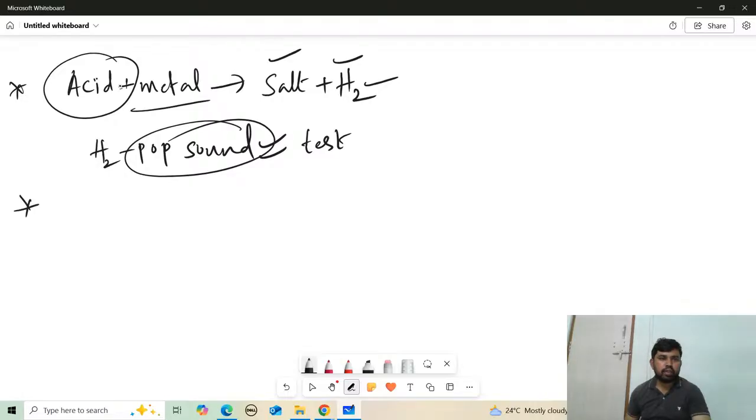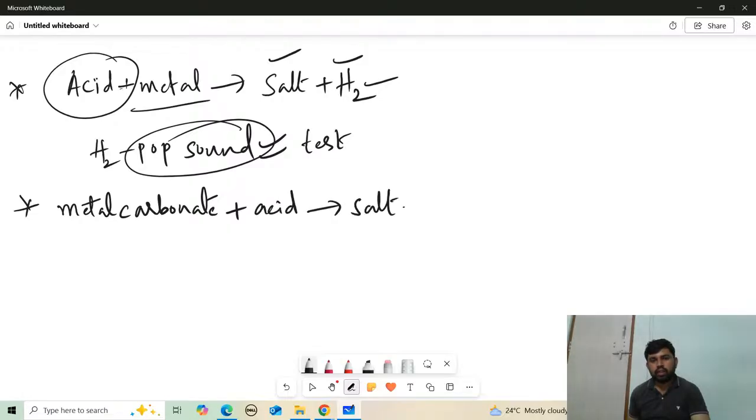Second point we discussed is that when we have a metal carbonate, metal carbonate reacts with an acid, they form salt plus water plus CO2 gas. Remember here what I'm saying. Suppose I have a metal carbonate, and CO2 gas will be produced.